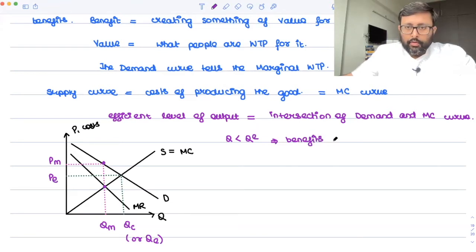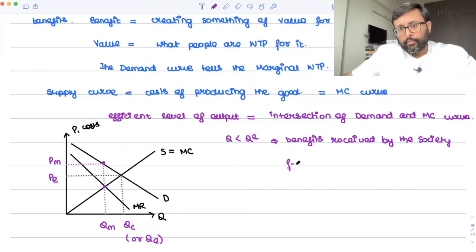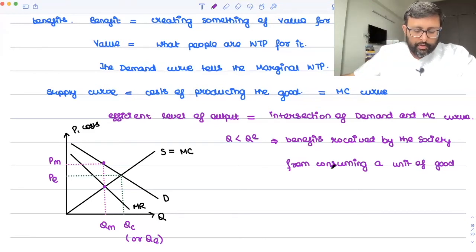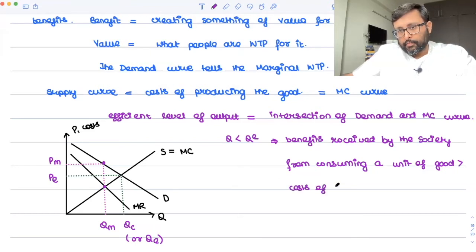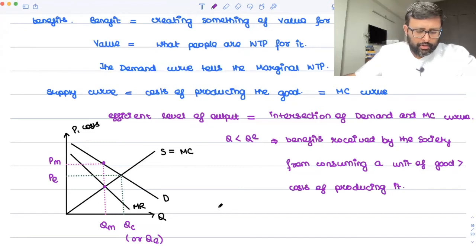Benefits received by the society from consuming a unit of good, right, is greater than the costs of producing a unit of the product, right?